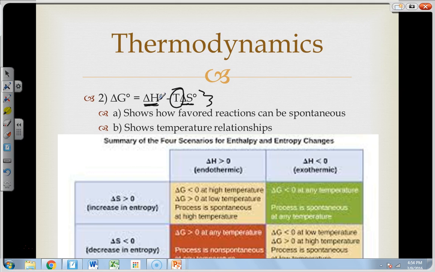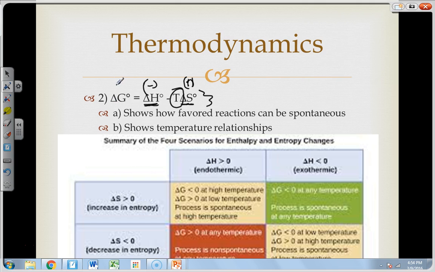A reaction that is enthalpically favored is exothermic, so that means it has a negative delta H, and a reaction that is entropically favored is going to have a positive delta S. You can see that the math works out. What's a negative minus a positive?